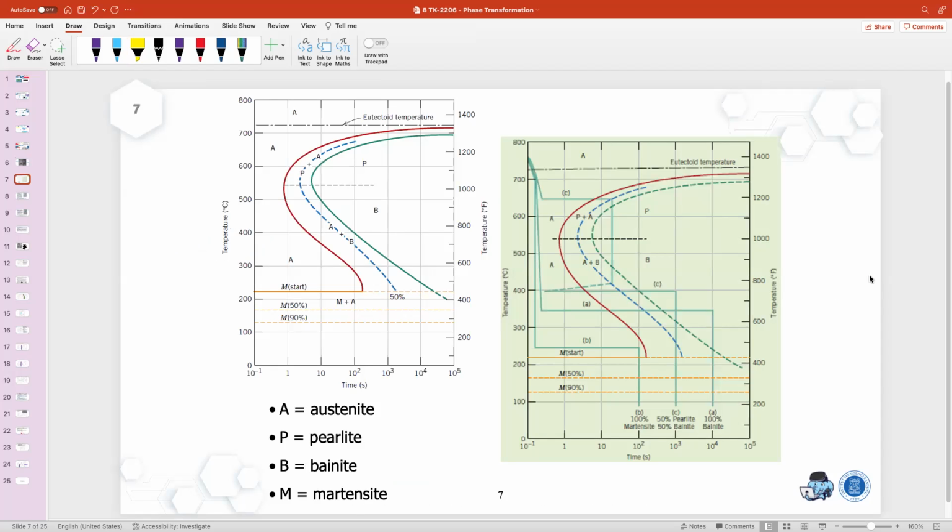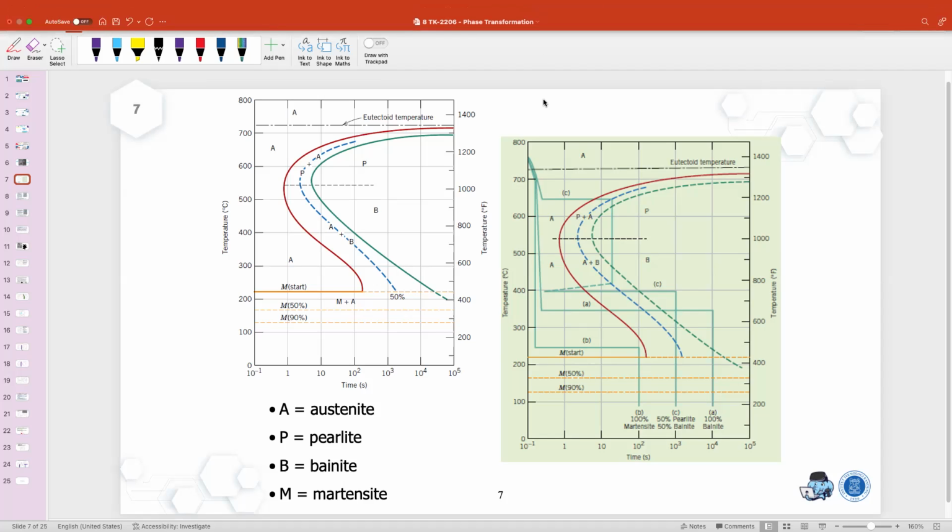Now, a good question. Because this is not an equilibrium process, you actually end up with some microstructures that do not appear in the phase diagram, what is called bainite.